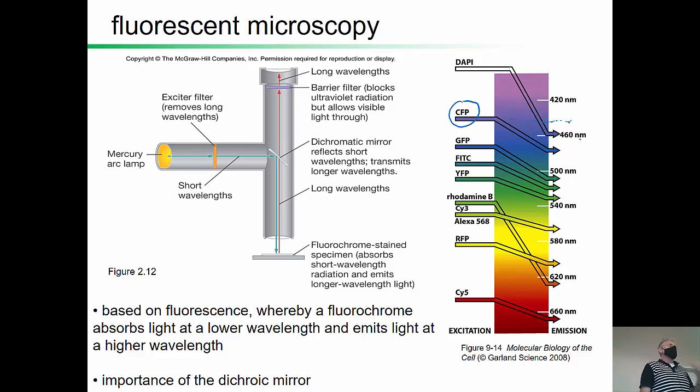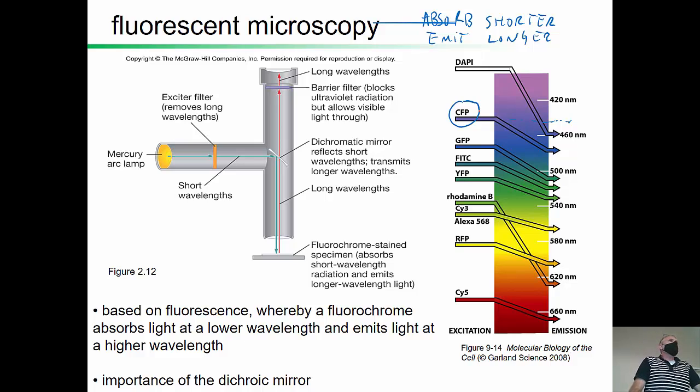So all fluorescent molecules absorb shorter wavelengths and emit longer wavelengths. If we go down this list of fluorescent stains here, we'll see every single one of these does that. Absorbs a shorter wavelength and emits a longer wavelength.